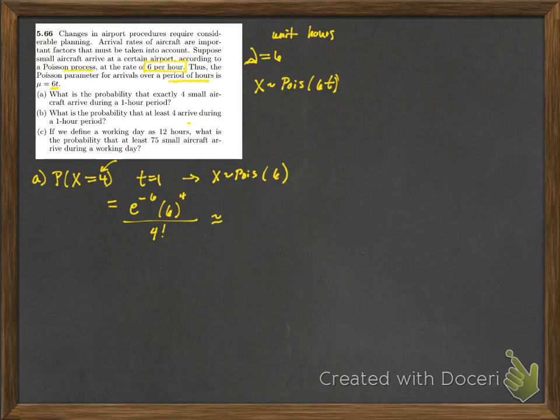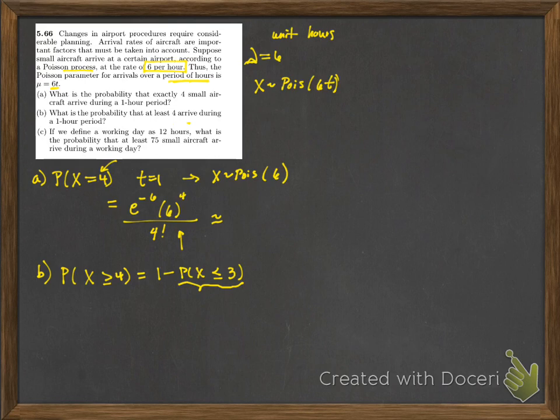All right, let's look at part B. What is the probability that at least 4 arrive? Well, it's got to be 4 or more, so x is greater than or equal to 4, or 1 minus the probability x is less than or equal to 3. You can count them up by summing several of the ones above, or you can use a Poisson table, which is in the back of the book.